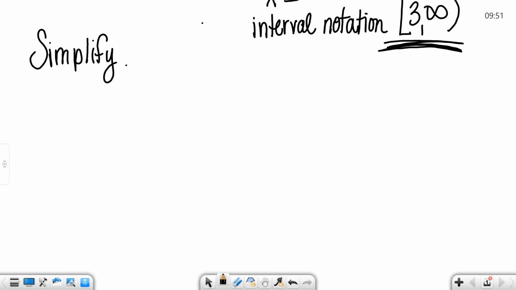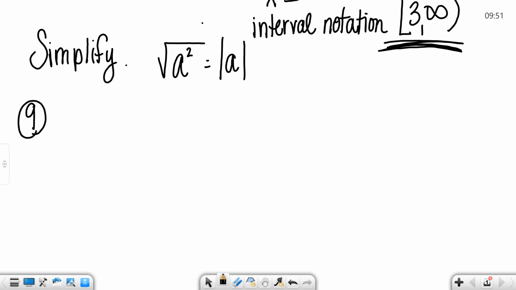Let's just do some simplify problems. I know that the square root of a squared is the absolute value of a. Okay, so there's our little rule, and let's just practice using that.